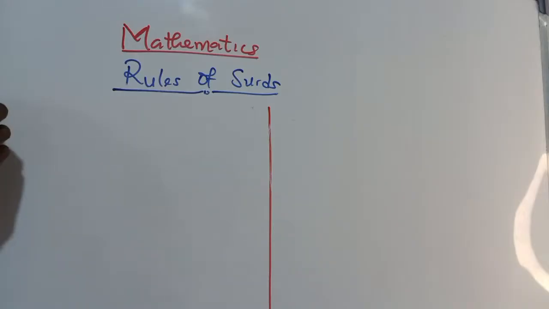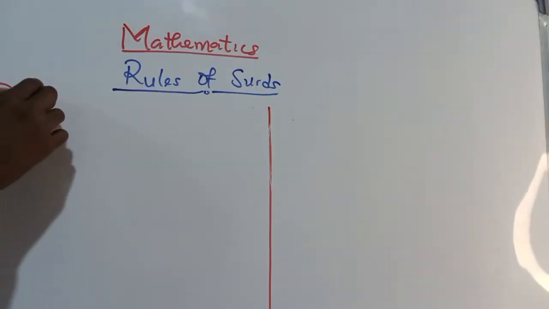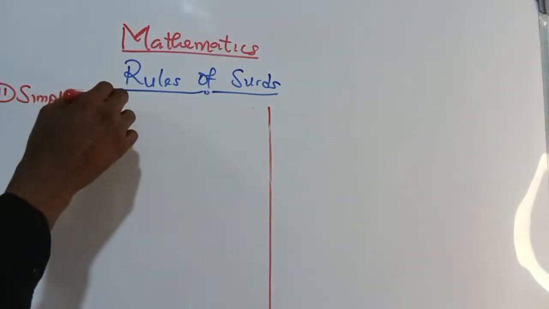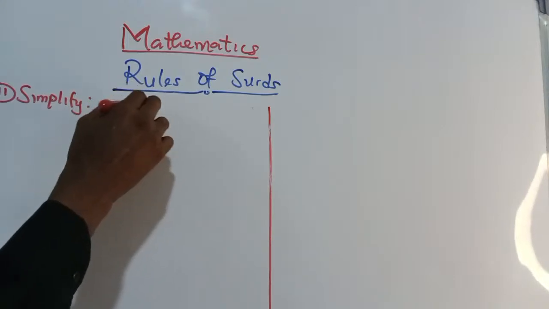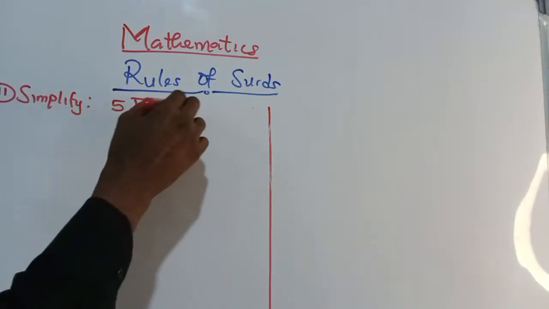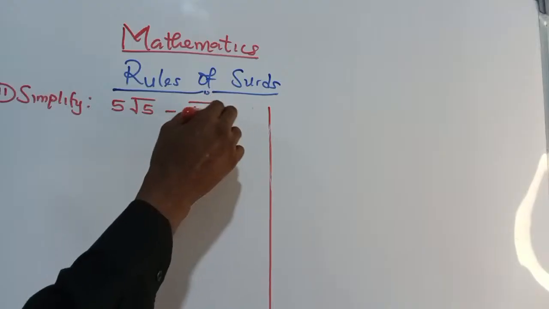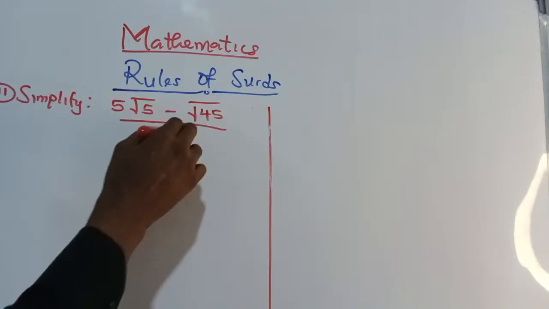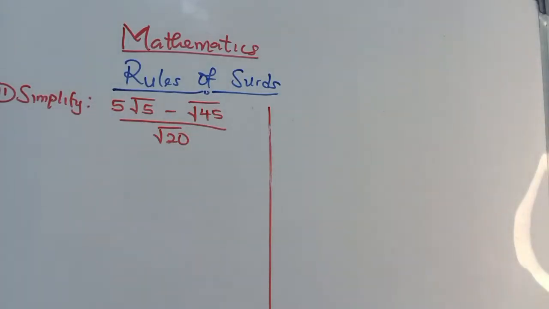Let's simplify 5 root 5 minus root 45 over root 20. So we have 5 root 5 minus root 45 over root 20.